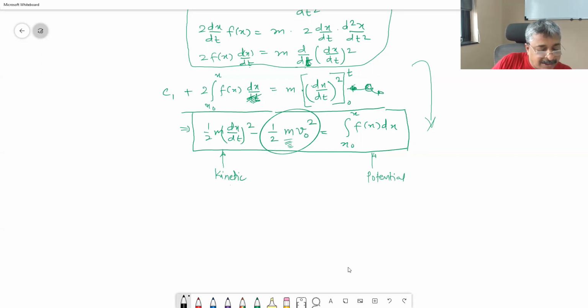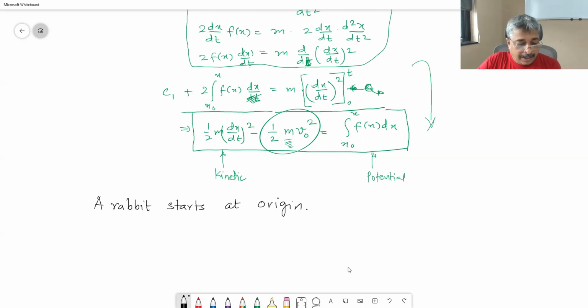A rabbit starts at origin and runs up the y-axis with speed a.